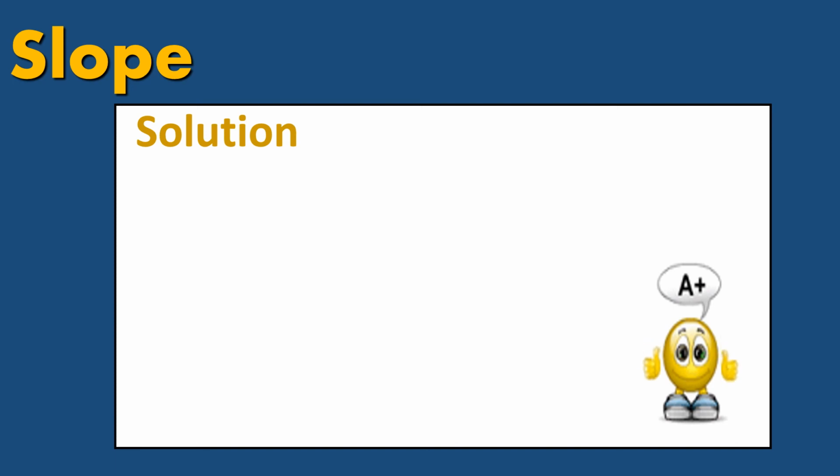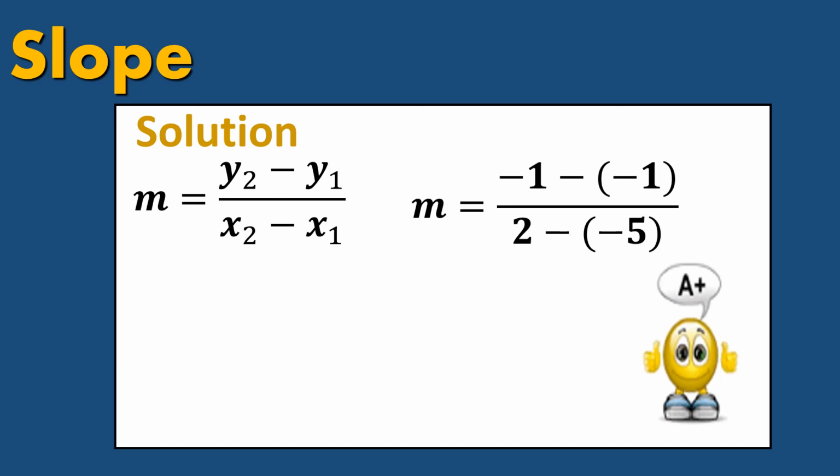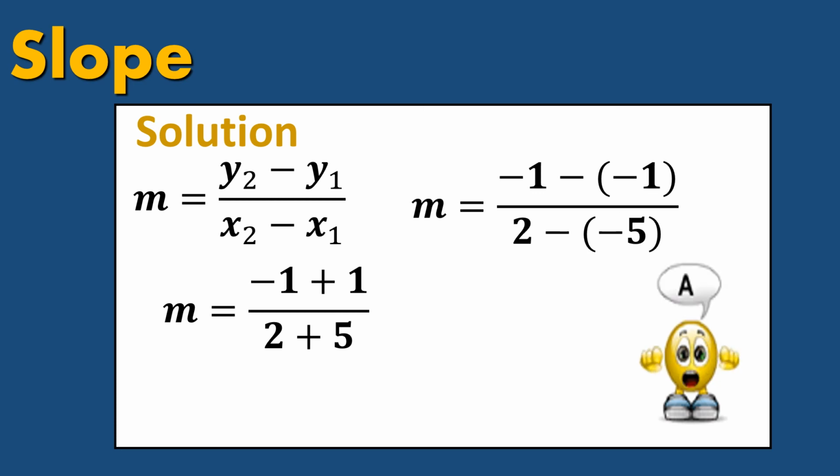Here's the solution to the given. Again, we substitute in the slope formula. Thus, we arrive with negative 1 minus negative 1 all over 2 minus negative 5. If we simplify it, we will arrive with negative 1 plus 1 all over 2 plus 5, which is equal to 0 over 7, and our final answer is equal to 0.